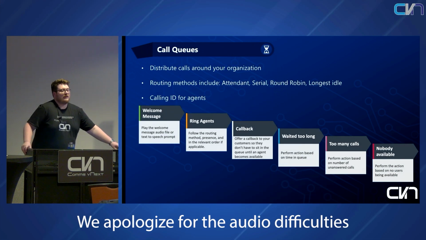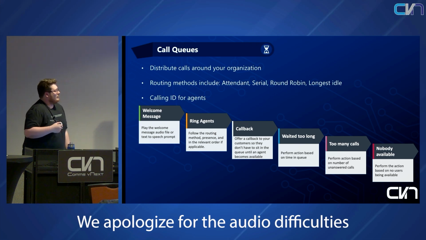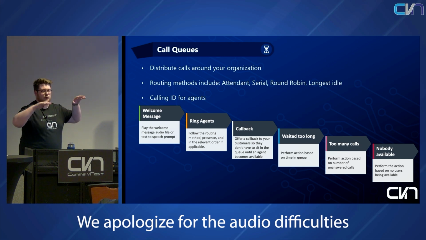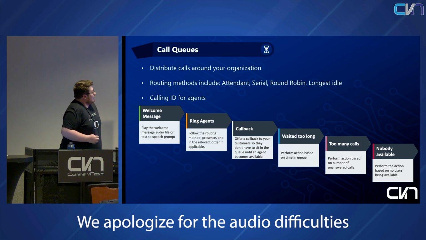Next up, call queues. Calls are routed in your organization. Routing options include all the agents at once, and then down the list, outbound calling. You can also do things like calling IDs, dial out.